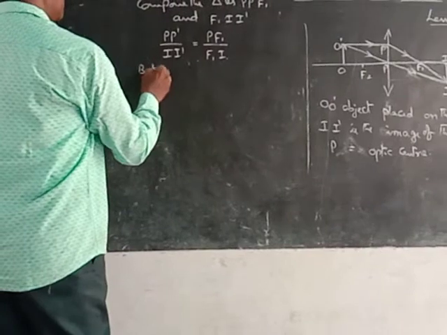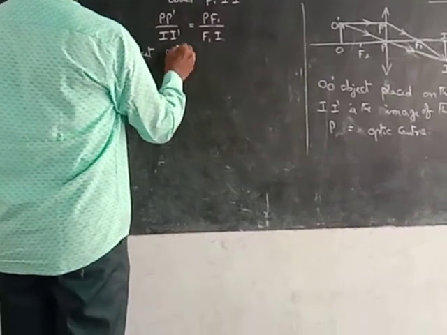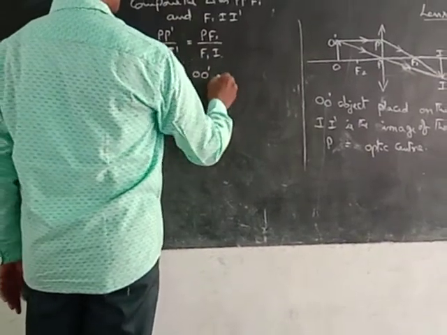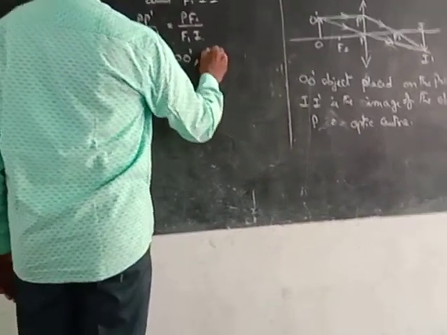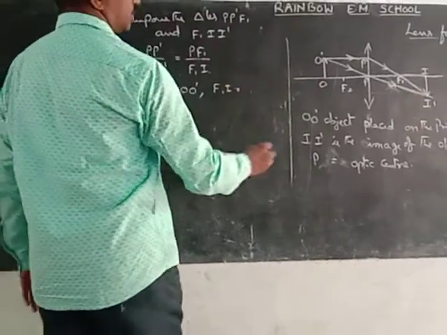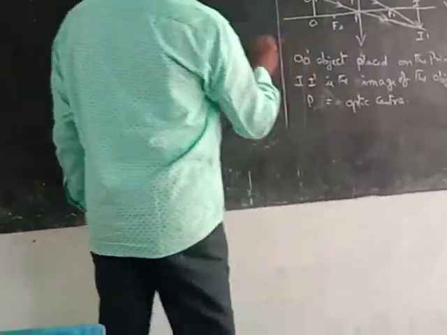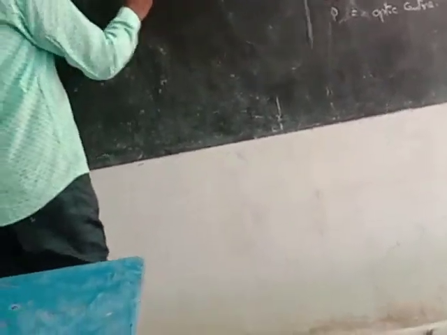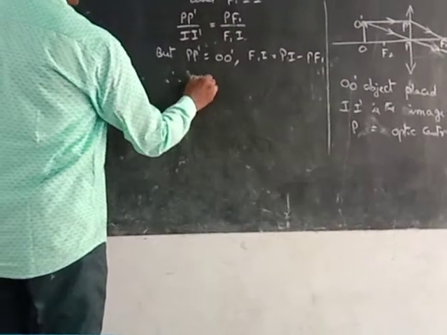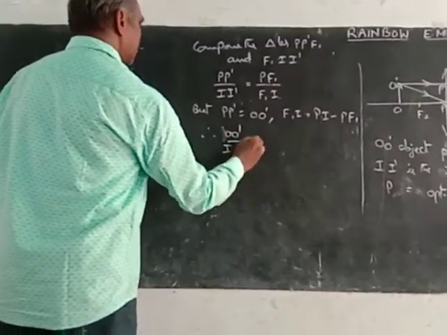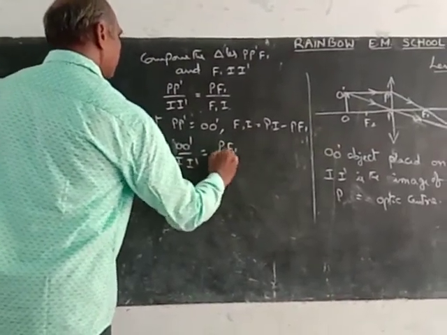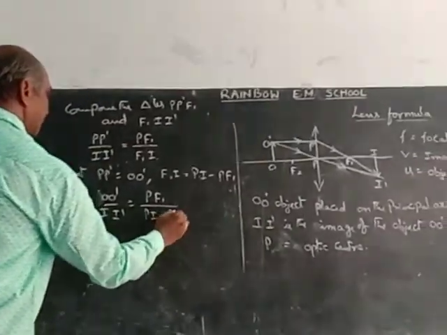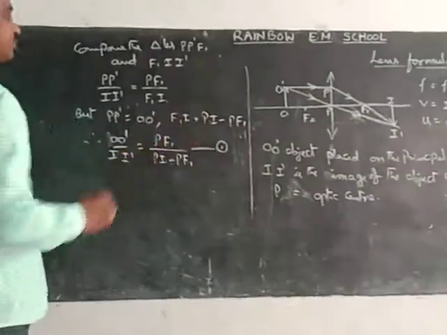But P dash P is equal to OO dash, and F1I is equal to PI minus PF1. Therefore, OO dash by II dash is equal to PF1 by PI minus PF1. This is equation 1.